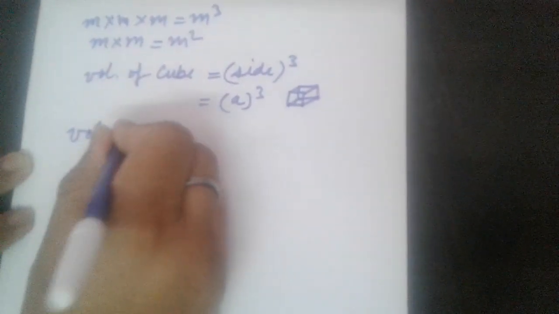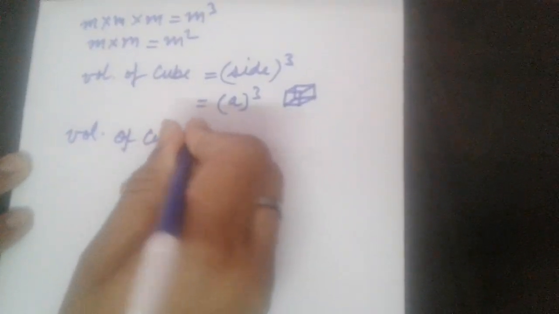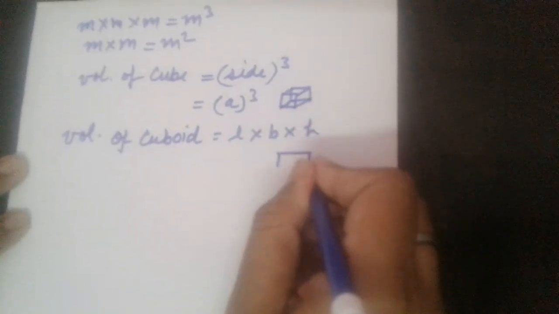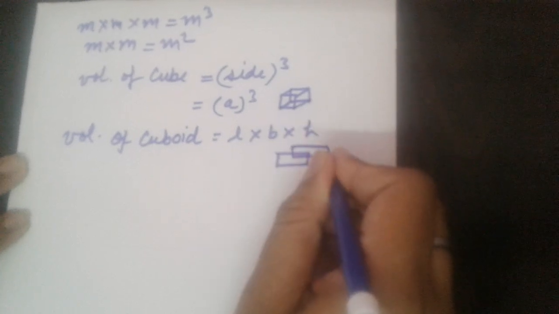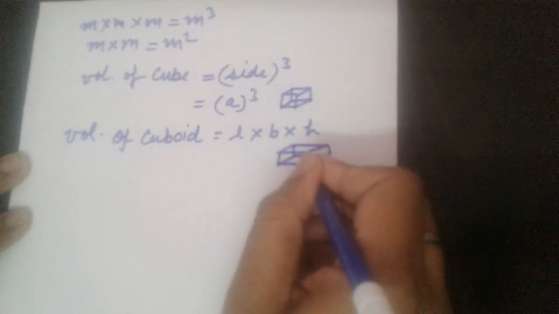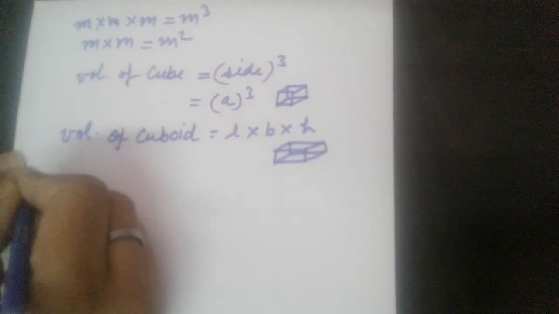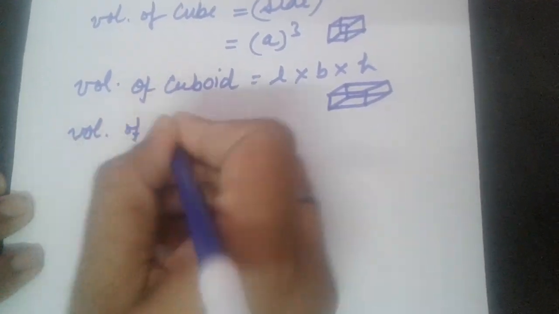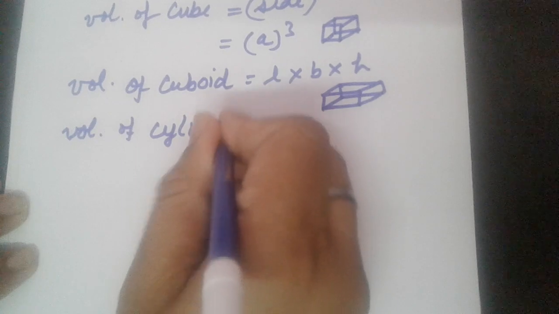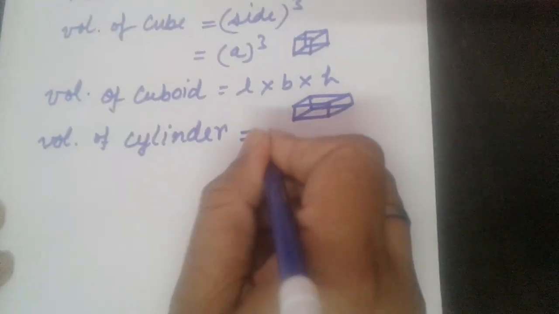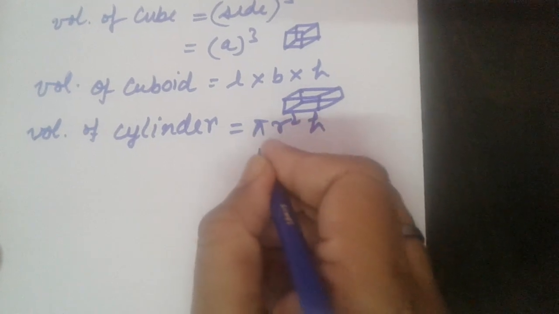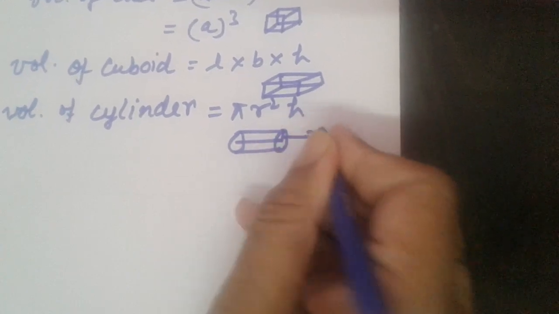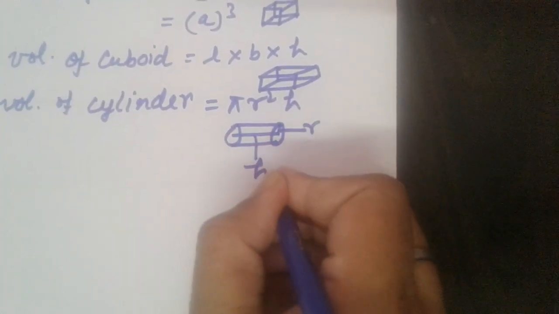Volume of cuboid is L into B into H. Volume of cylinder equals to pi r square h. Now this is the radius and this is the height.